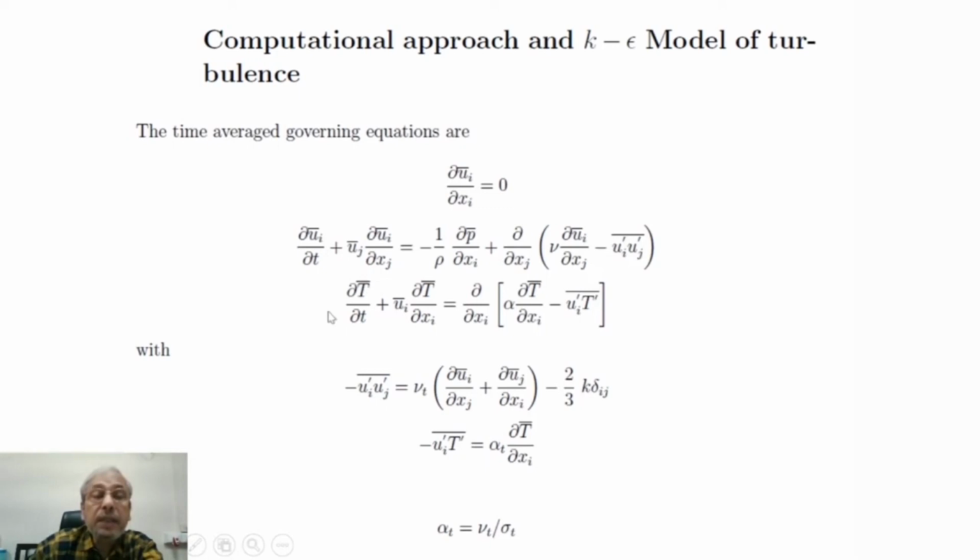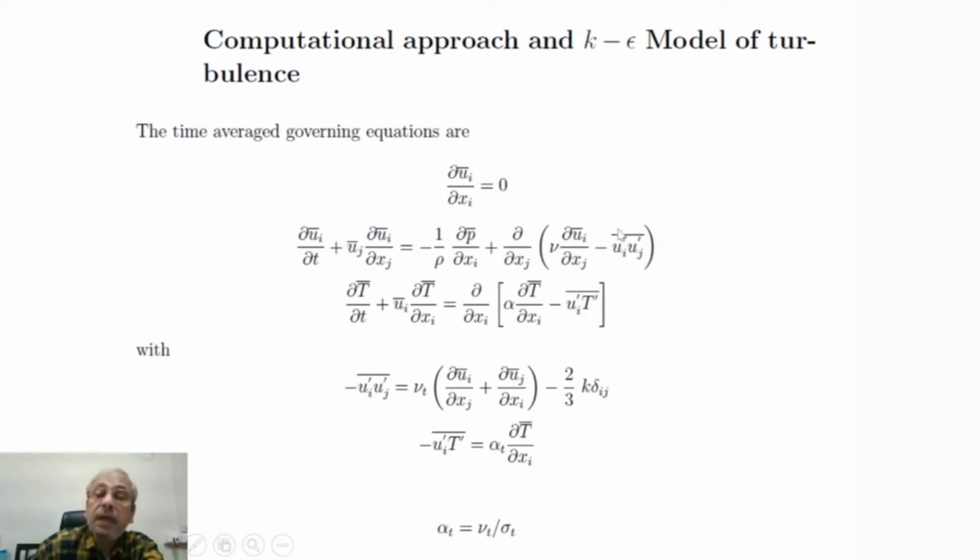Then the energy equation: del t of T bar, T is temperature, uppercase T, plus ui bar del xi of T bar equal to del xi of alpha del xi T bar minus ui prime T prime over bar. This is also contribution of turbulent mixing.